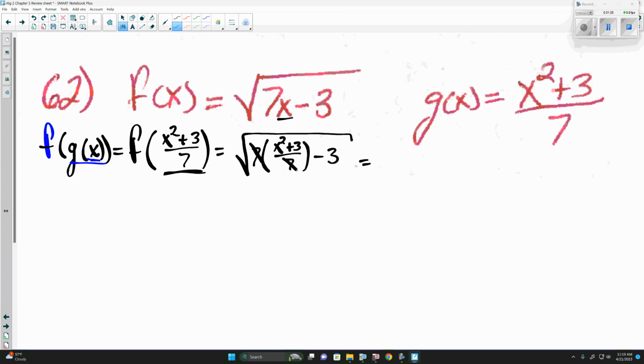If there was more than one term, we would actually have to distribute it, but here they just cancel, leaving us with x squared plus 3 minus 3. Well, 3 minus 3 is 0, leaving us with the square root of x squared, which is x. So most likely this is going to be yes.